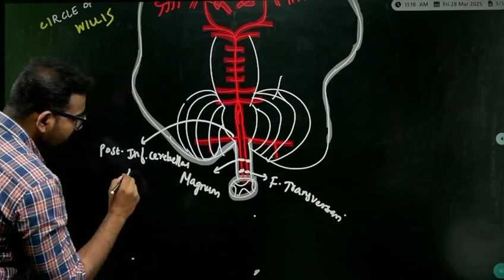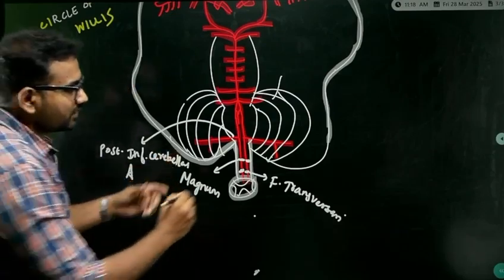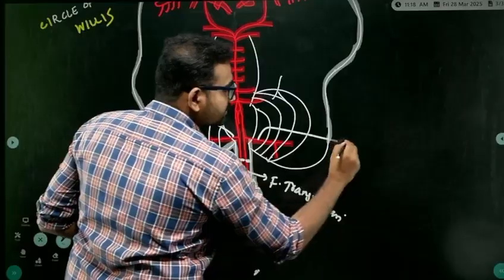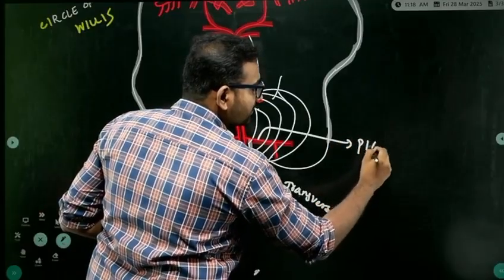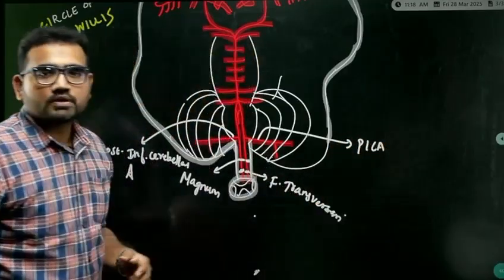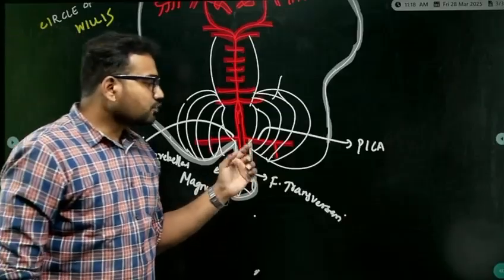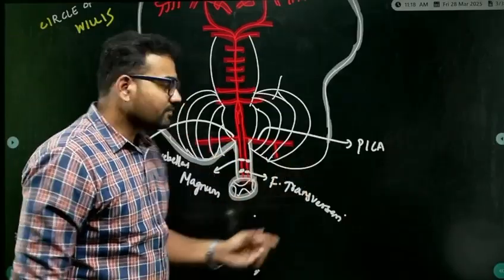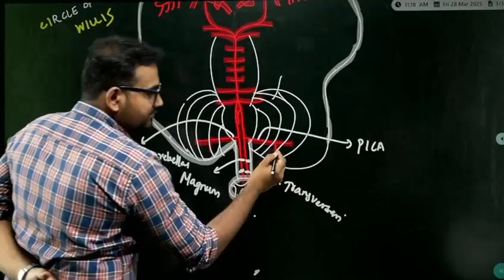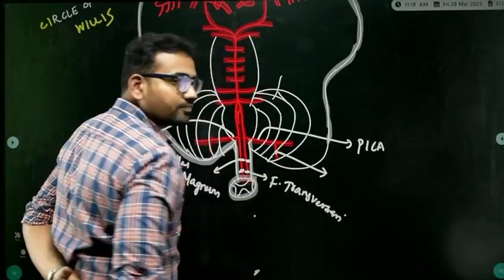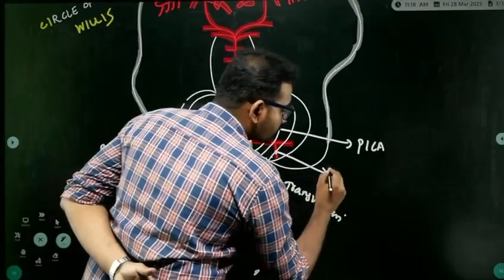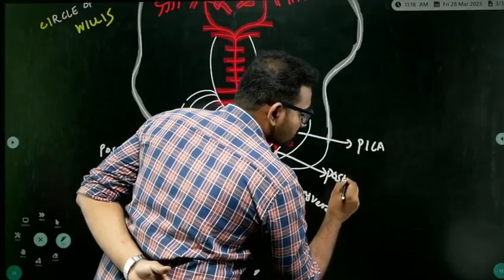Similarly, this is the posterior inferior cerebellar artery on the other side. This posterior inferior cerebellar artery again gives off another branch here. This is the posterior spinal artery.